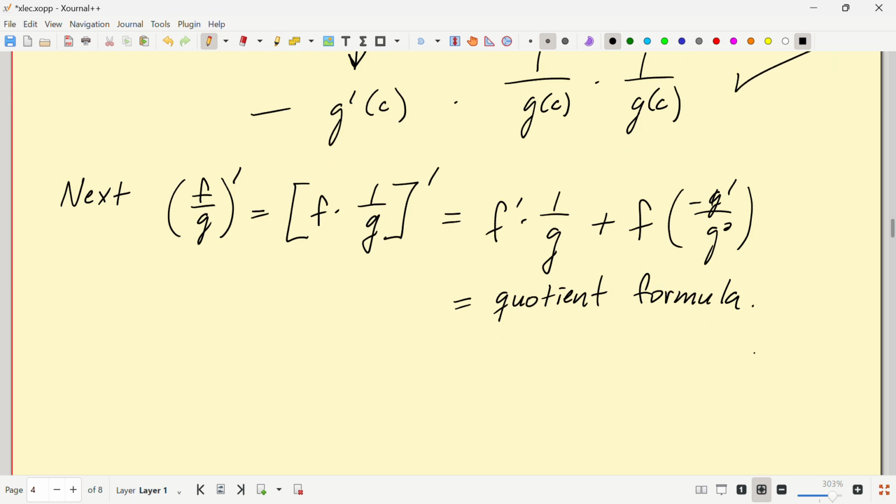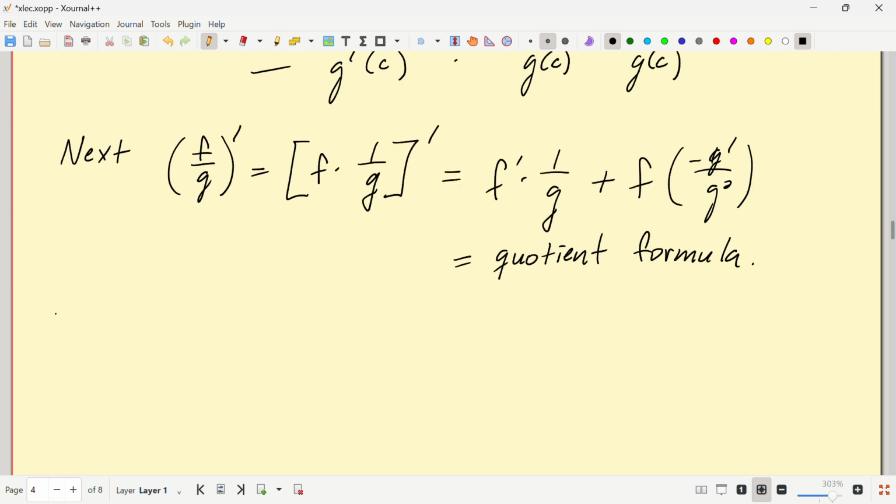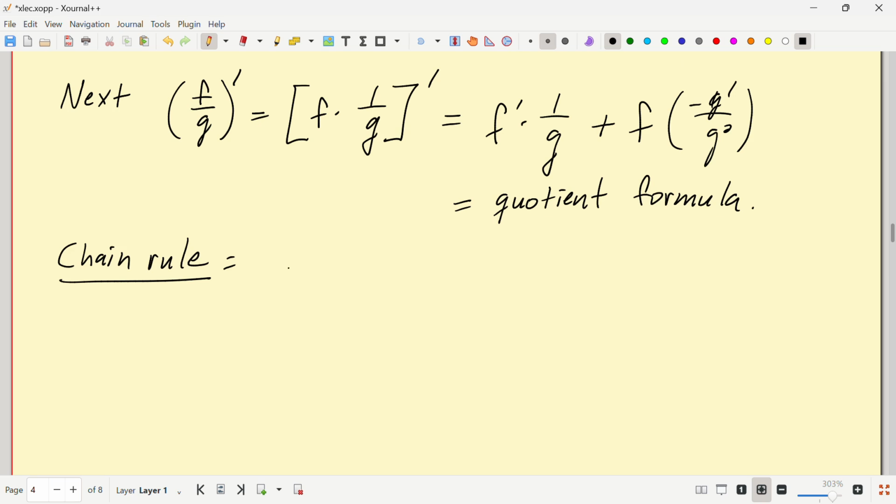Now the biggest thing you saw in freshman calculus that was sloppy is the chain rule. I'm going to take f of g of x, let's say f composed with g. Let h of x equal f of g of x.